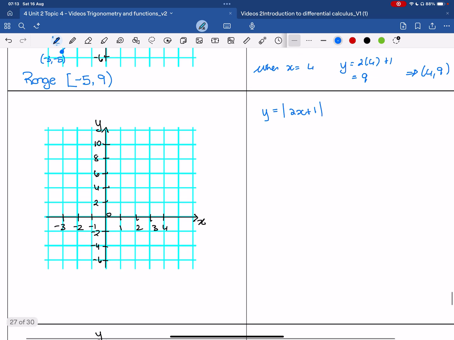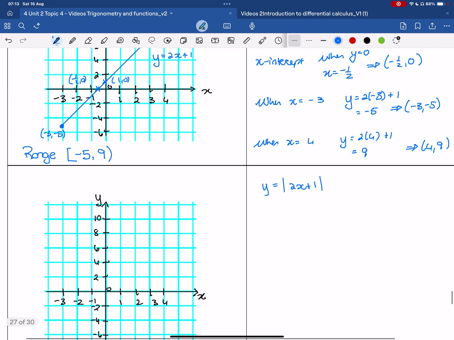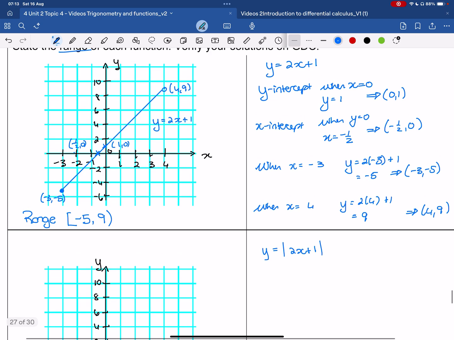Now, what that means is that it is going to reflect my graph about the x-axis from the x-intercept. So what that tells me is that everything to the left of my x-intercept is going to be reflected in my x-axis.